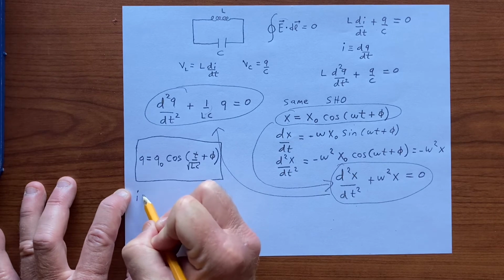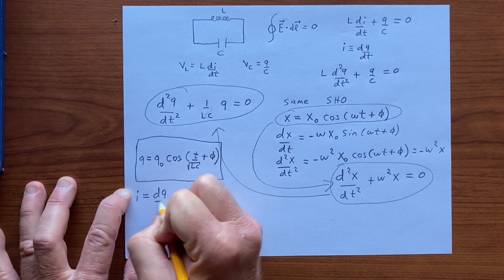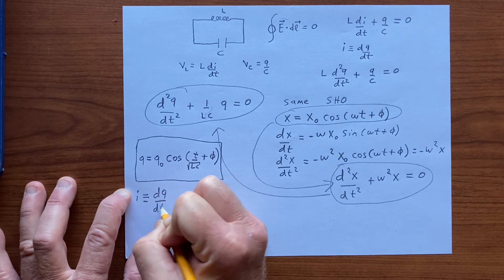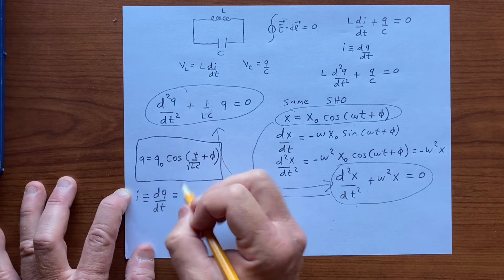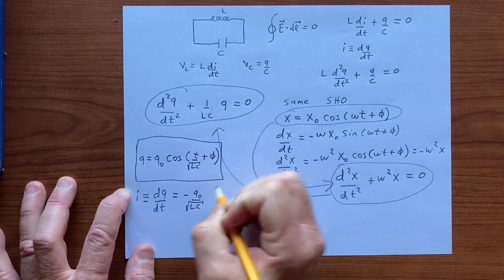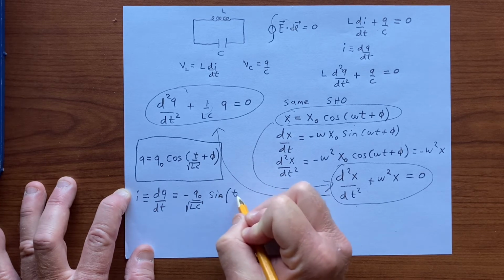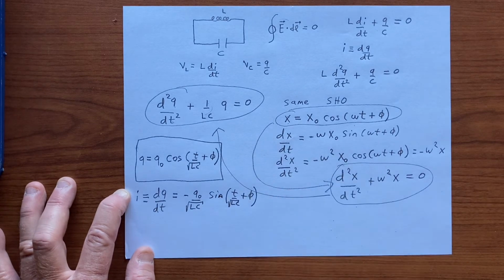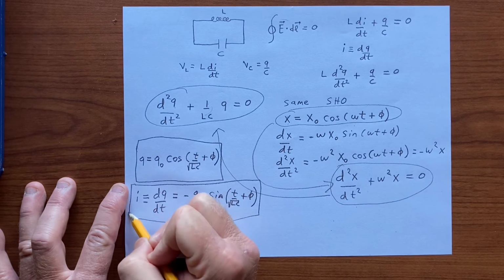And the current in the circuit or through the inductor, which is by definition dq by dt, also oscillates. That's just the derivative of this. We get minus q naught over the square root of LC times the sine of t over the square root of LC plus phi. So this is the behavior of the current in the circuit.